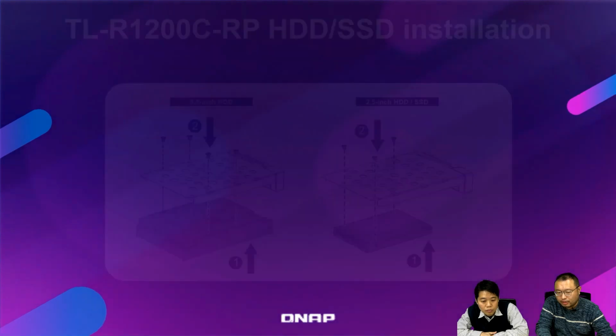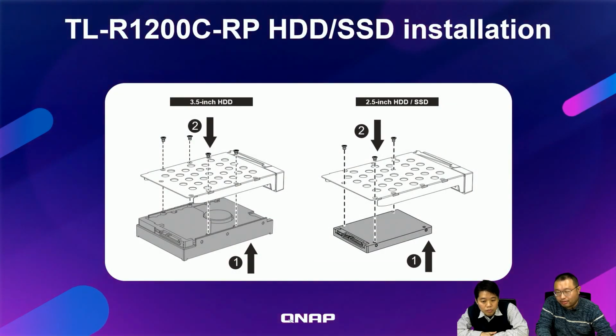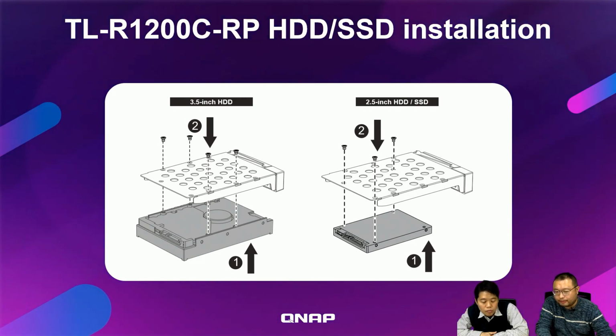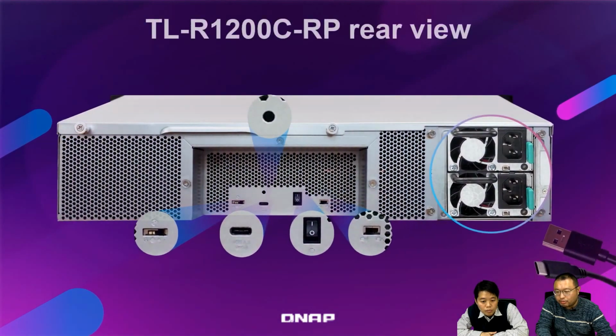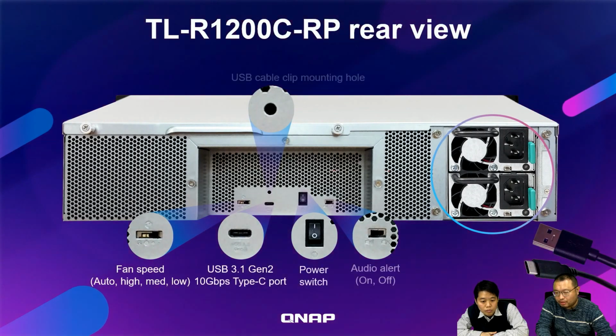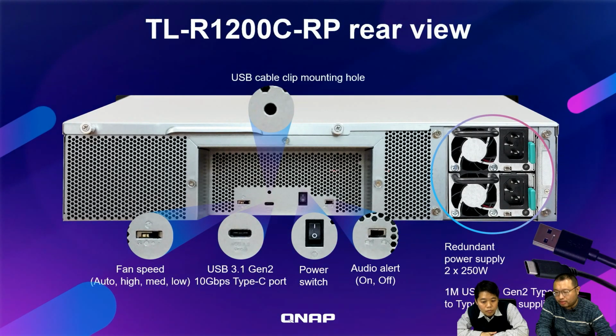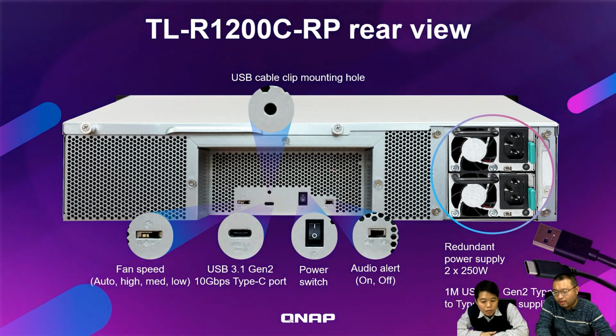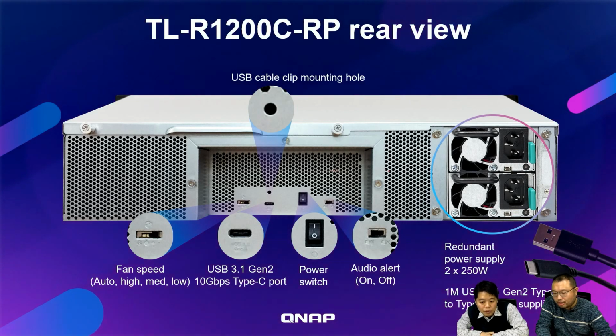To install the hard drives or SSDs, you will need a screwdriver, for either hard drive or SSD. Now on the rear side, it's the same as the desktop models, same switches, except the power is different. The Rackmount has a redundant power supply design, so it gives you more protection from power supply failure.